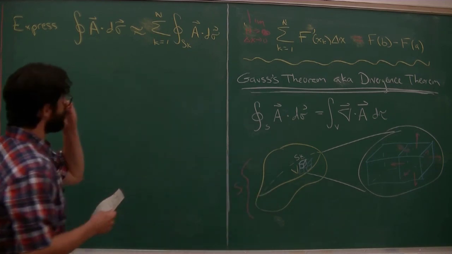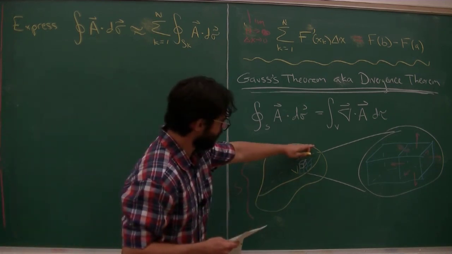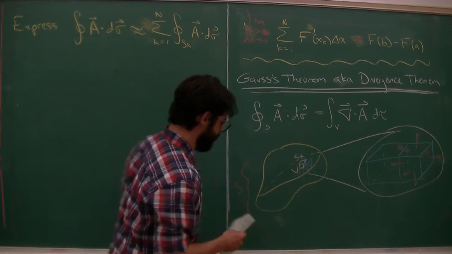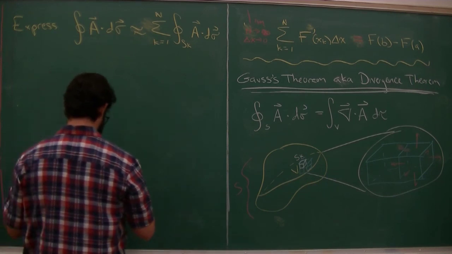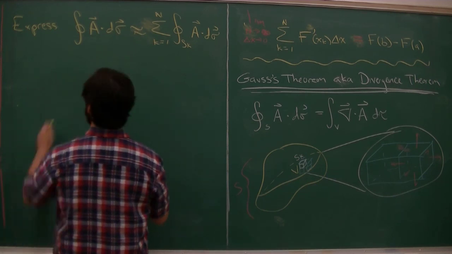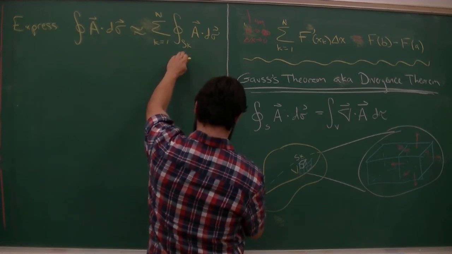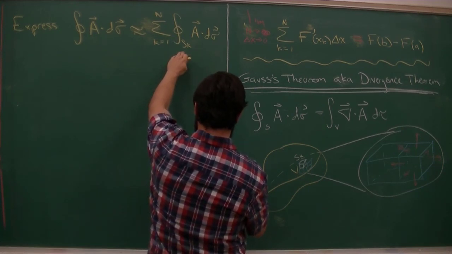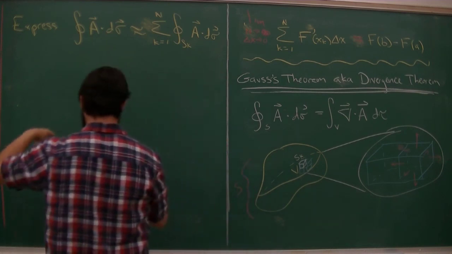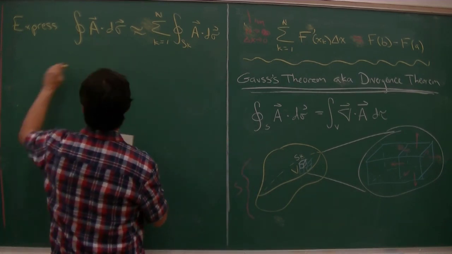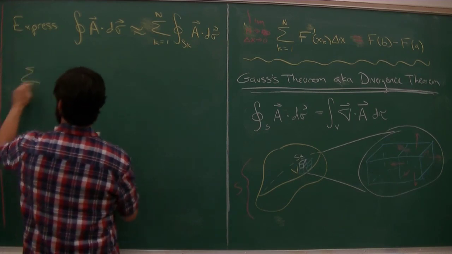So once we've expressed this as not one total surface, but cutting it up into a whole bunch of smaller internal surfaces, the rest is honestly just like limit gymnastics. So we have this, we're going to cut this into n smaller pieces, and then we're going to use our definition of what this surface integral is from the last video. I told you those would be useful.